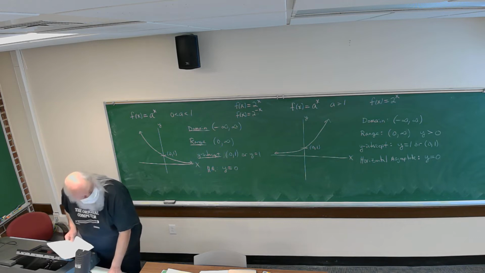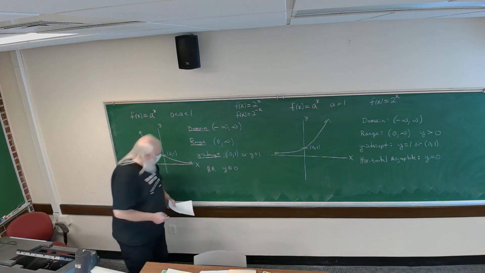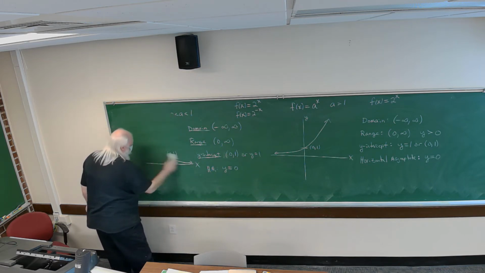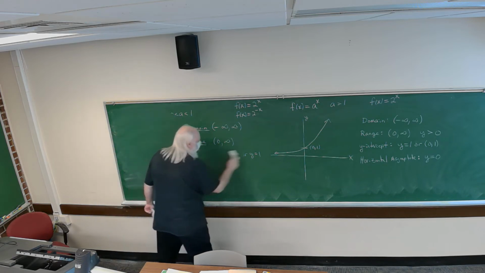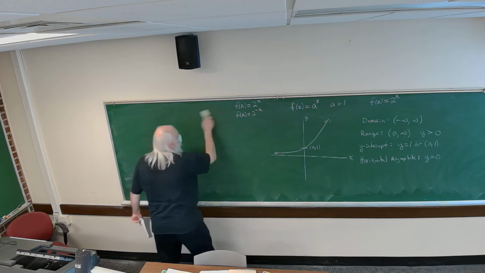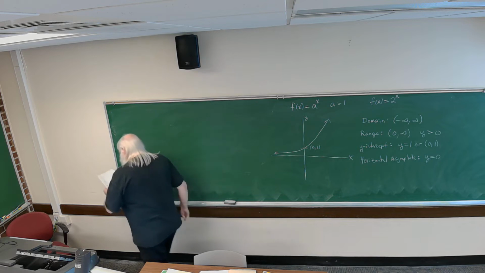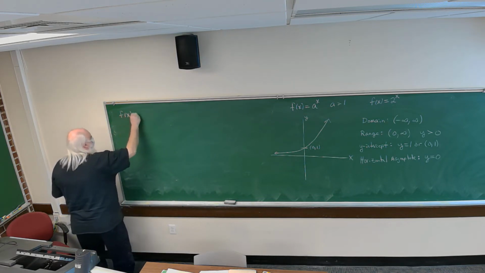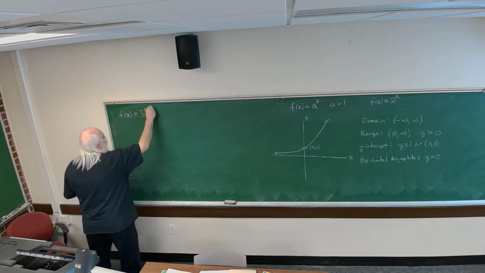All right, so let's take a look at example 3. We have to graph a couple of functions. In A, we have to graph f of x equals 3 to the x plus 1 power.